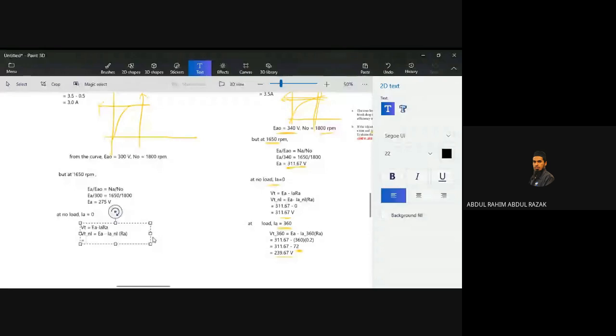Well, you have to write again and again in this examination. If you are lazy to write, let's say you have a typo error or data which is incorrect, so your marks also tak dapat.